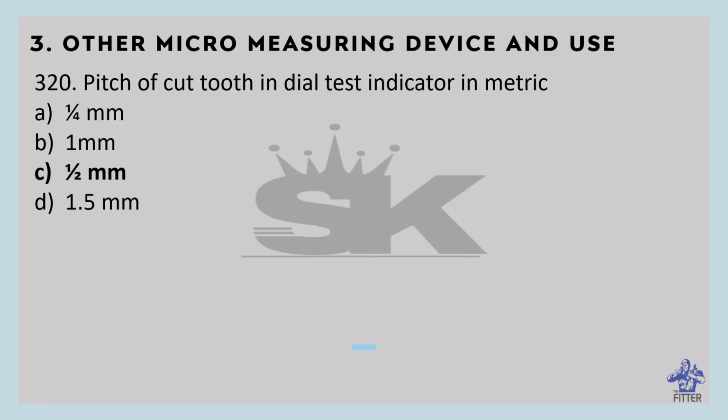So that is option C, 0.5 mm. Okay, in metric system, the internal structure of the dial test indicator consists of teeth on a rack 25 mm in length. So the distance between two teeth is half mm or 0.5 mm. Okay.